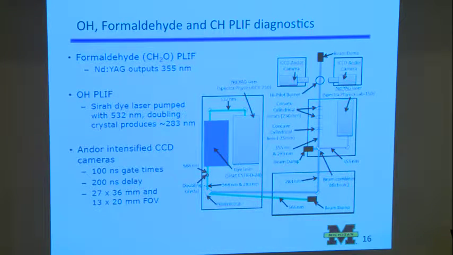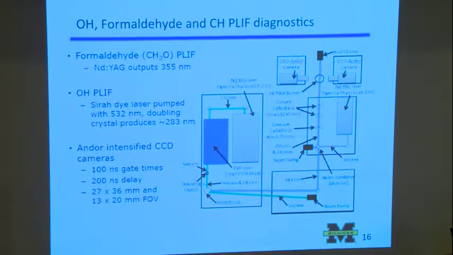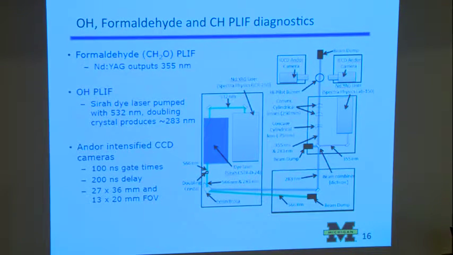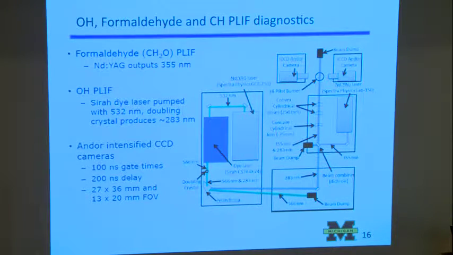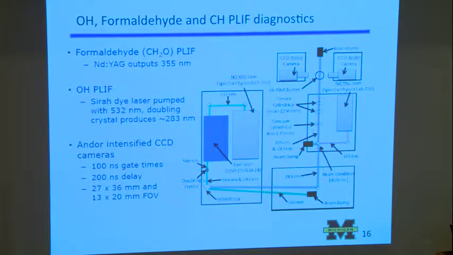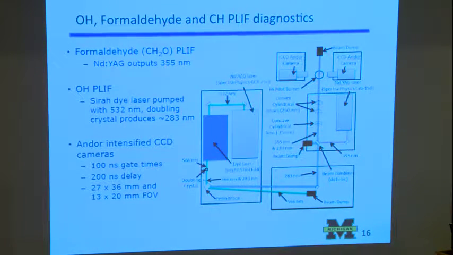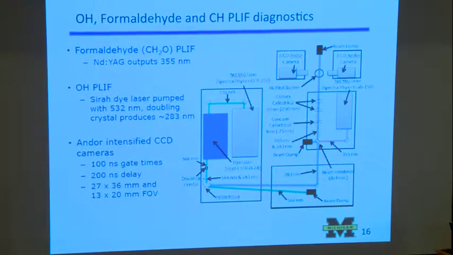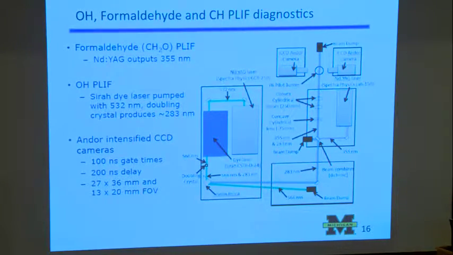Okay, I'll tell you a little bit about now what my students have been doing on an Air Force project. We're doing OH, formaldehyde and CH PLIF. As I speak, they're back taking data, and they have lasers in our lab that are set up in this particular arrangement so that we get 532 nanometer green light.